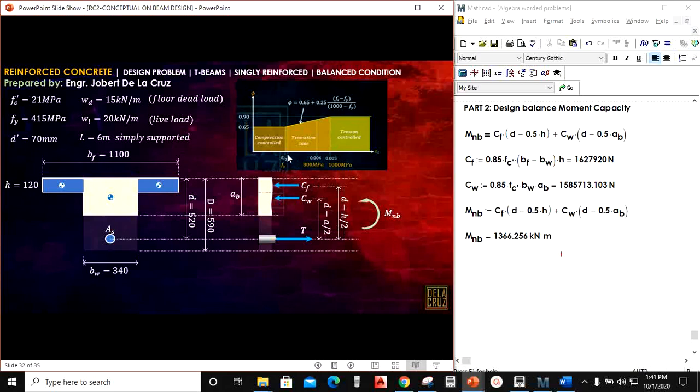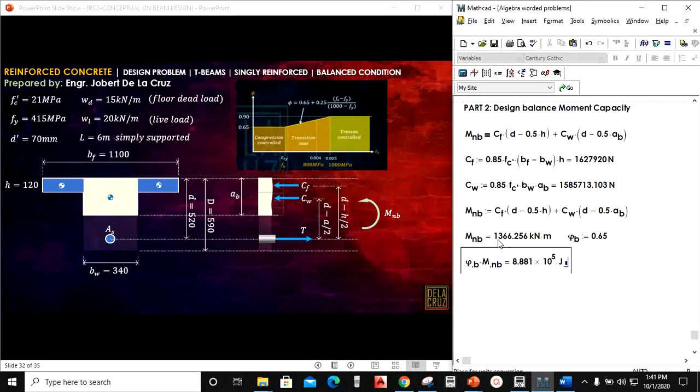And that will correspond to the reduction factor as 0.65. Okay, this is for balance. Just follow this one. So, our reduction factor for balance is 0.65. Okay, therefore, the design balance capacity is just equals to phi Mnb. And that is the answer for this one. Okay? Gets nyo?